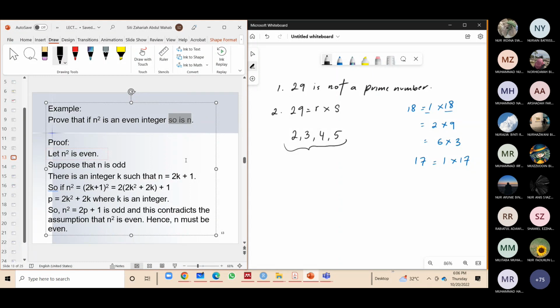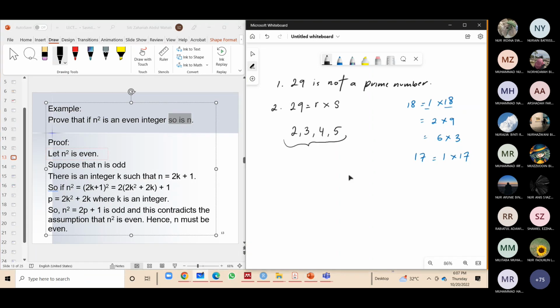If you have these two statements in one question, we take the second statement as our contra assumption, and for the first statement, we just follow.